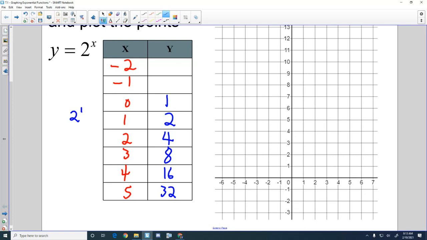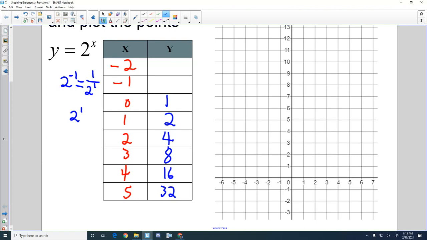And what if you go back even further, 2 to the -1? Well, if you recall one of our properties of exponents, if you ever have a negative exponent and you want to get rid of it, you just flip the side of the fraction that it's on. So 2 to the -1 is the same as 1 over 2 to the +1. And that as a fraction, isn't that just 1/2?